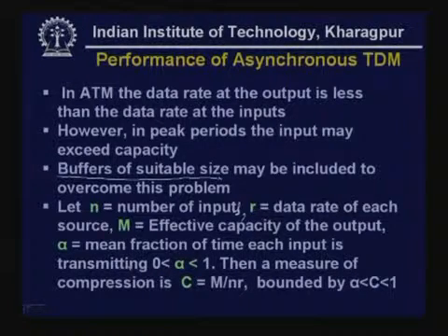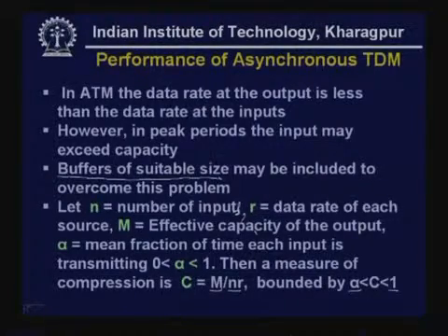That is our basic premise, and alpha varies from 0 to 1. Then a measure of the compression C is the ratio of m, the effective capacity of the output, by nr. It will have a value less than 1, but also a value between alpha and 1.